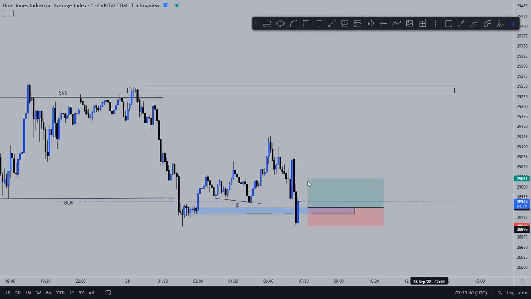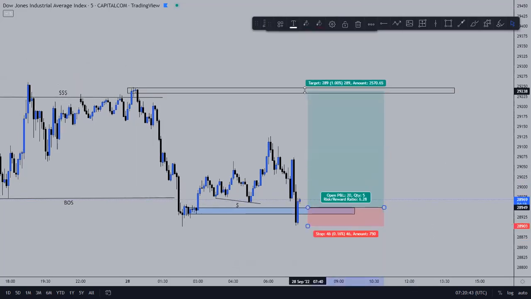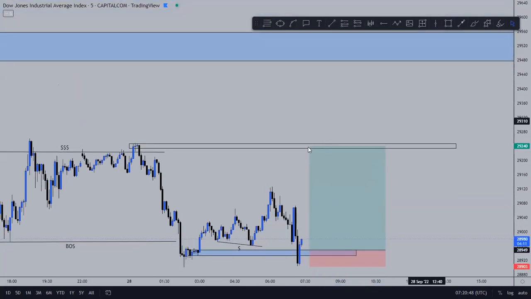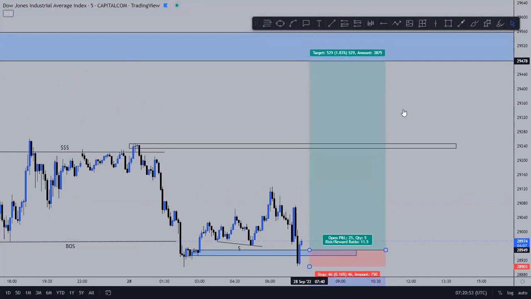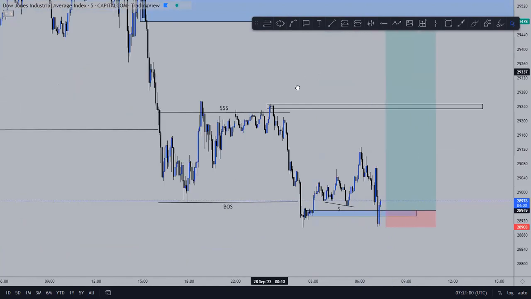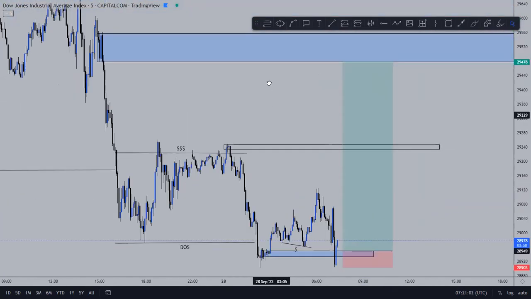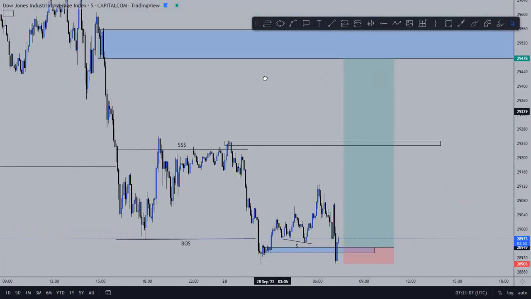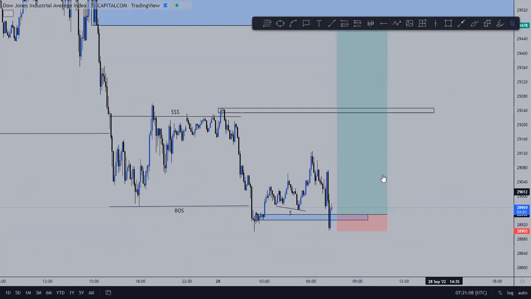Let me see how many pips are those. 1:11 risk compared to reward, which is good. 1:11, meaning if you risk $10, you make $110, risk $100, you make $1,000, risk $1,000, you make $10,000, risk $10,000, you make $100,000.